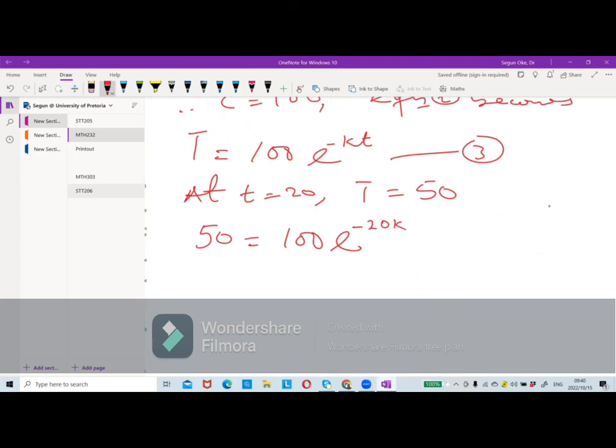Do you agree with me? The K is in minutes. You have not solved it yet; you will know whether it's minutes or seconds when you solve.